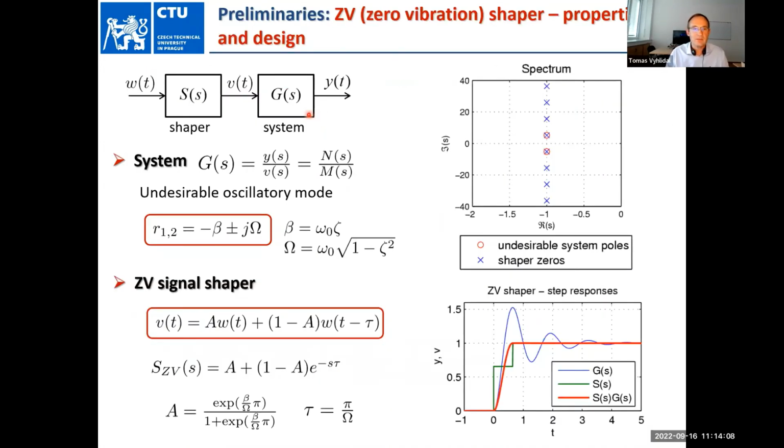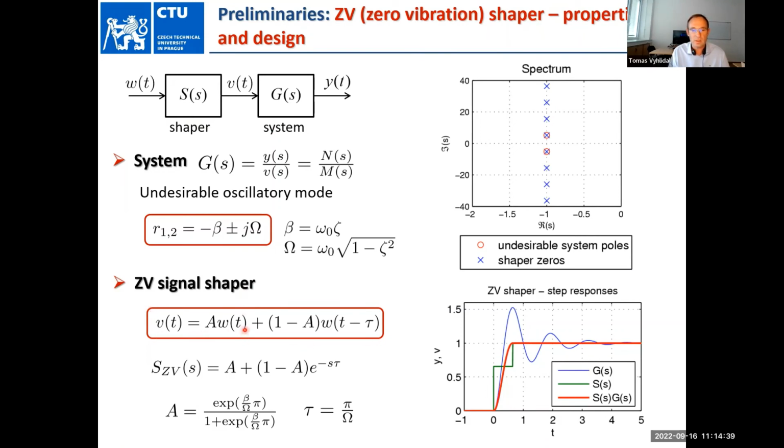Very shortly, we have a system with some flexible mode, which can be represented by this complex root couple. If we know the root, we can easily design a shaper which is put in series before the system. The very basic ZV shaper looks like this.